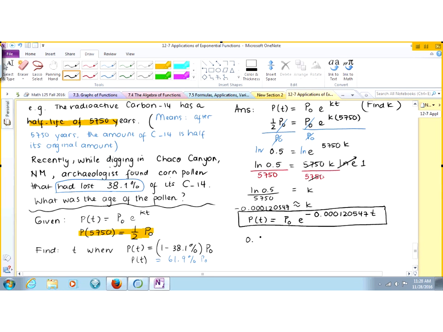So 0.619 P naught is equal to P naught e to the whatever it is, right? So once you find the model, you're answering the question. Then how would you solve this? Divide both sides by P naught.